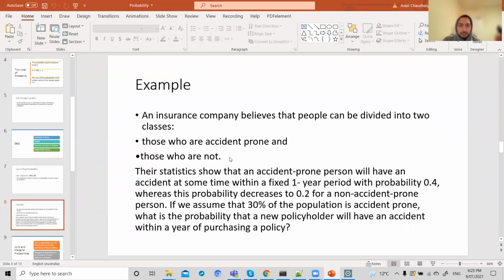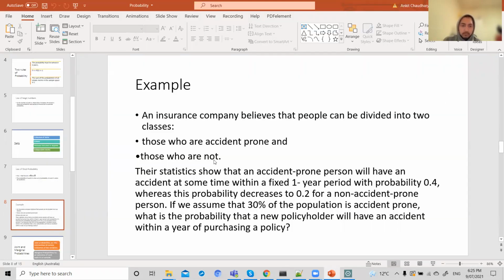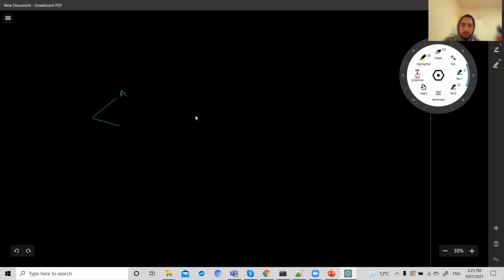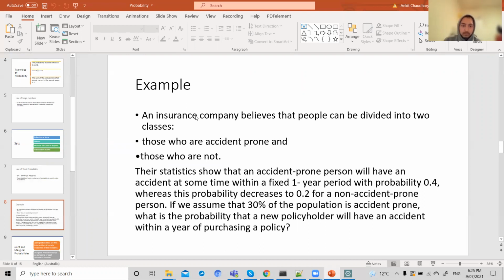An insurance company believes that people can be divided into two classes: those who are accident prone and those who are not. Okay, so here if we draw a tree diagram, the person can be either accident prone. So let's say A denotes accident prone, and suppose A bar denotes those who are not accident prone.